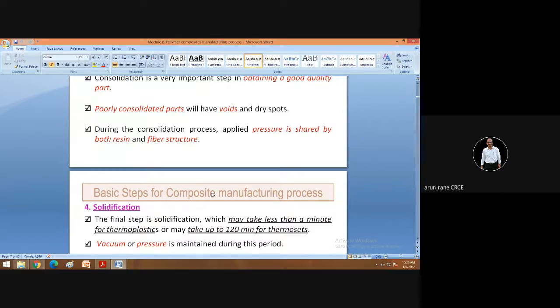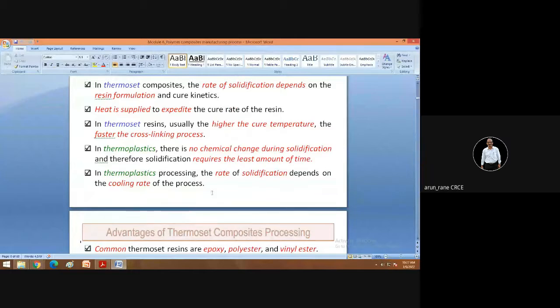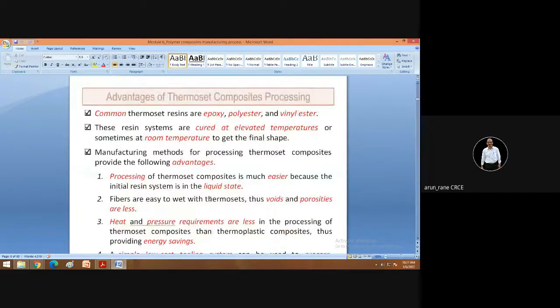Solidification can be done under pressure or even under vacuum. If it is thermoplastic, then solidification is faster, whereas thermoset is the other type of plastic. Thermoplastics you know very well: our ball pens, lunch boxes, carry bags are all thermoplastic.